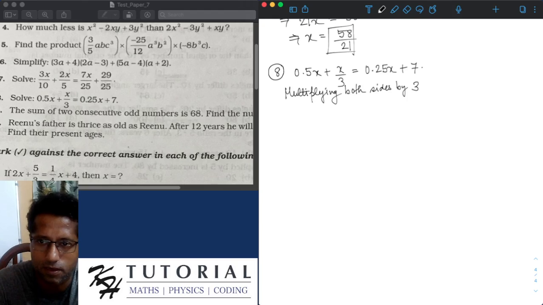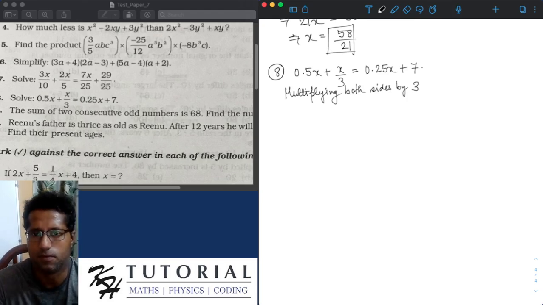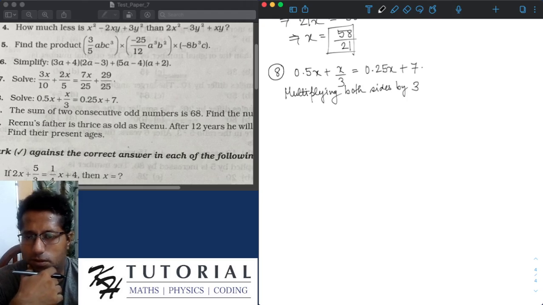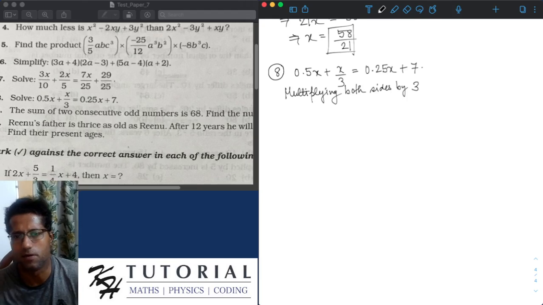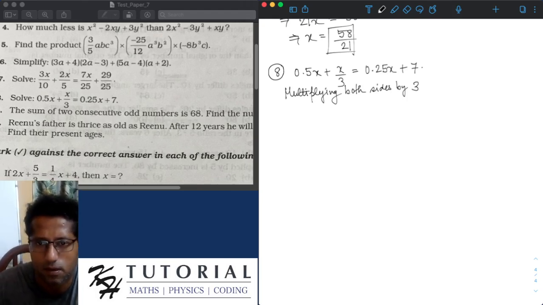That way also you can get rid of decimal numbers. For example, here 0.25 has the maximum decimal places, which is 2, so I could multiply both sides by 10 to the power 2, that is 100, but if I multiply 100 with x by 3, it is not giving a nice number, so that will not really help. So I think it's better we multiply both sides by 3.